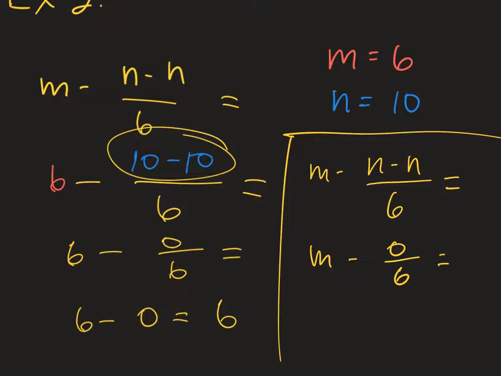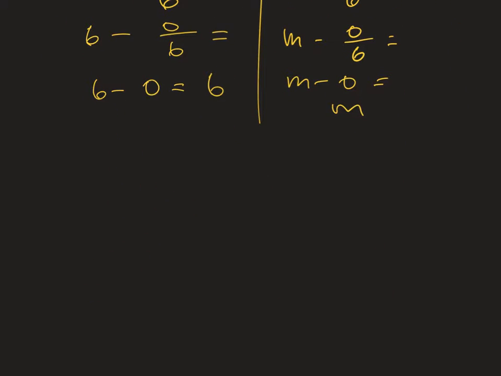And m minus 0 over 6 is just m minus 0. So this problem would give you an answer of m. Always. Okay, and last but not least, let me move on to one more problem.